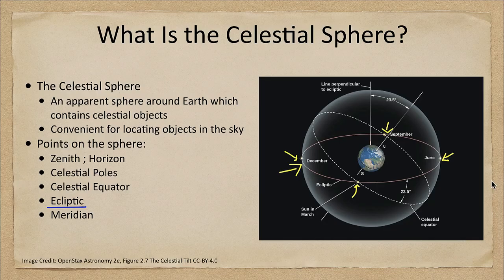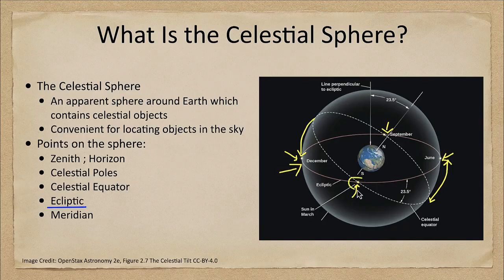This will also affect how high the sun appears in the sky. So during the summertime, the sun is well above the celestial equator and will be very high in the sky. In the winter time, the sun is far below the celestial equator and will be very low in the sky at noontime. Now the points where it intersects are what we call the equinoxes.